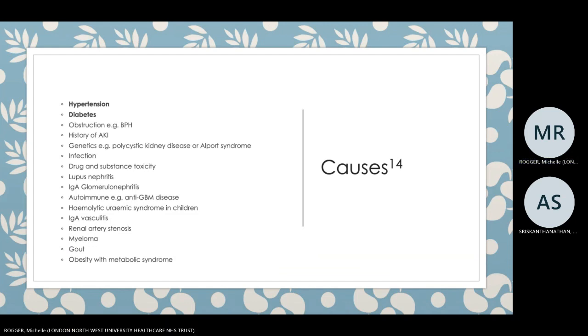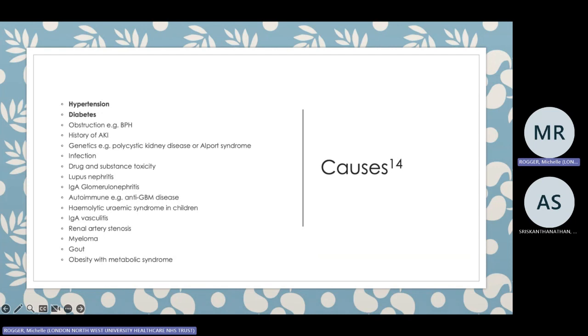There are many causes of CKD, as you can see on this list. The most common ones that I've highlighted here are hypertension and diabetes. Those are the ones most often seen, but it can be due to chronic obstruction. Like I mentioned earlier, if people have had AKIs in the past, or someone's got a hereditary condition like polycystic kidney disease or Alport syndrome, it causes CKD.